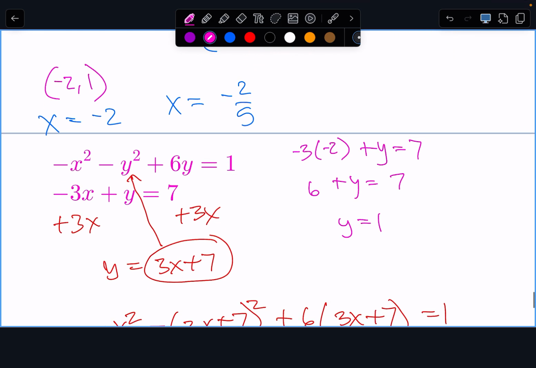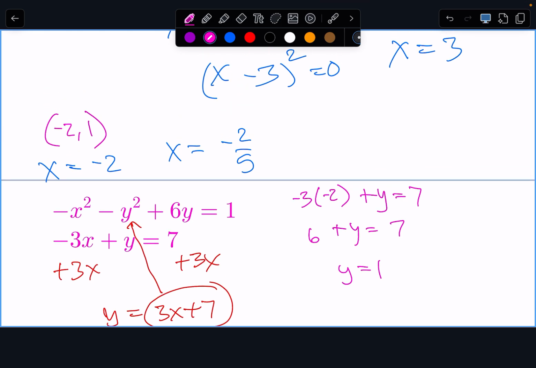Then the next one, I'm out of room. 3 times -2 over 5 plus y equals 7.